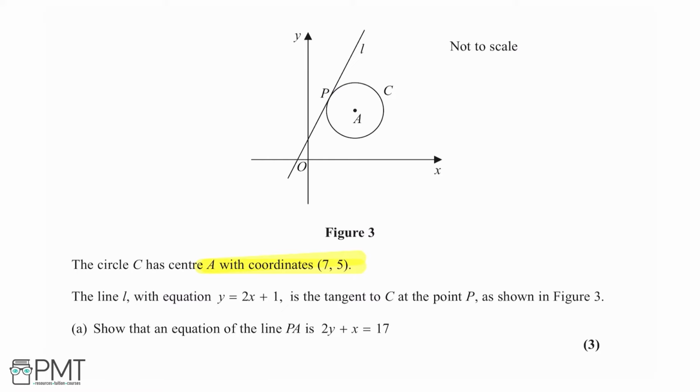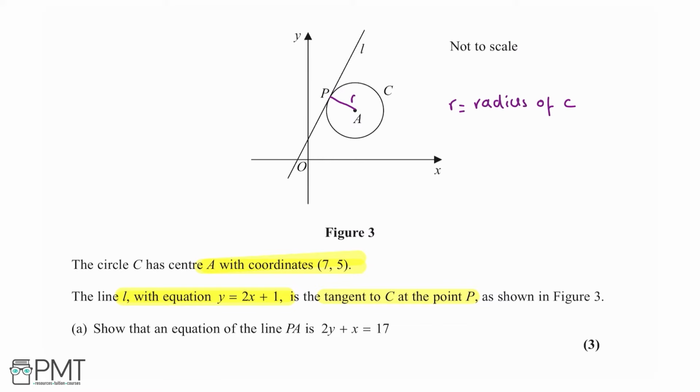I'm going to highlight the equation of L, which is 2x plus 1, and I'm also going to highlight that it is a tangent to C at point P. Okay, so first we are told that the line L is a tangent to C. And the reason why this is an important part is because if we were to annotate our diagram and draw a line from P to A, this line is a radius of circle C. So R equals radius of C.